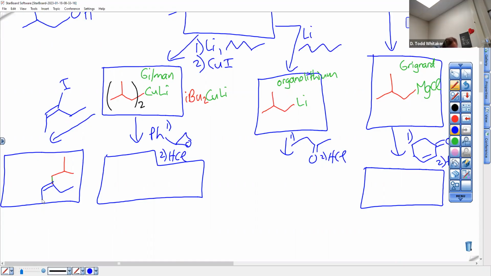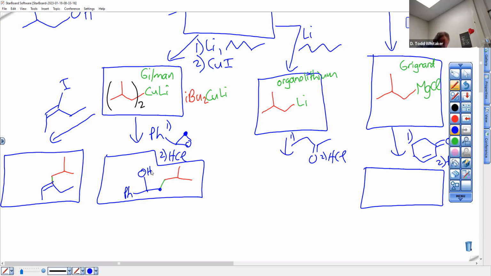And the next one, here's the new bond, IBu, new bond to a carbon. The left substituted carbon of this one right here is this one, right? That's the one. You got attacked, left behind an O minus. O minus does what in step 2? Protonation, so O minus becomes OH. There you go.